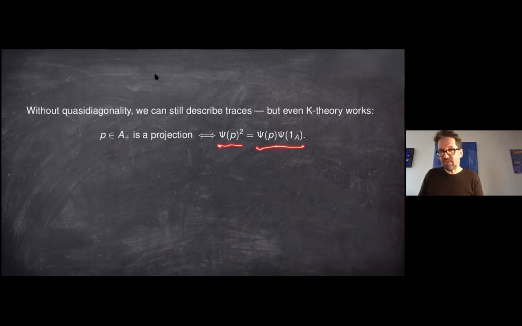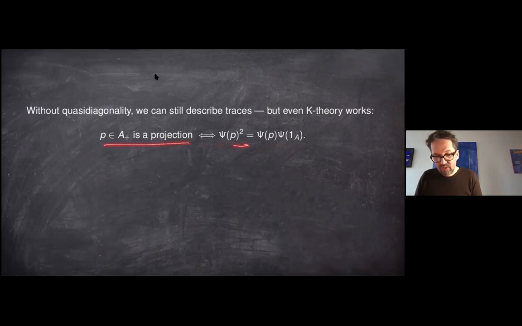A completely positive map is order 0 precisely if it can be written as a star homomorphism times a positive element which commutes with the image of the star homomorphism. And this is why we have this equivalence here.